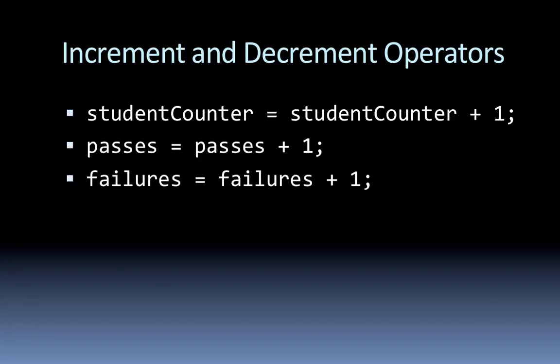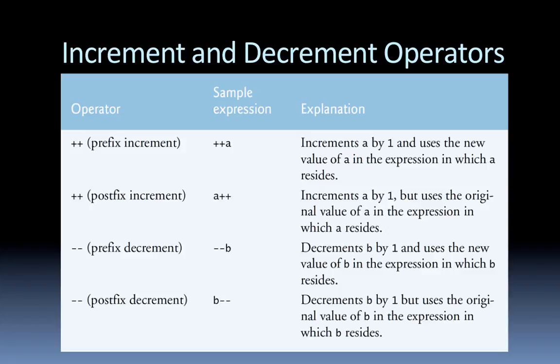variable's value. Now, here we have a table that shows the two different versions of the plus plus operator and the two different versions of the minus minus operator. The plus plus operator is called the increment operator, and it comes in what we call prefix and postfix versions. So the prefix version, you place the operator before the variable that it's going to increment, and the postfix version, you place the operator after the variable.